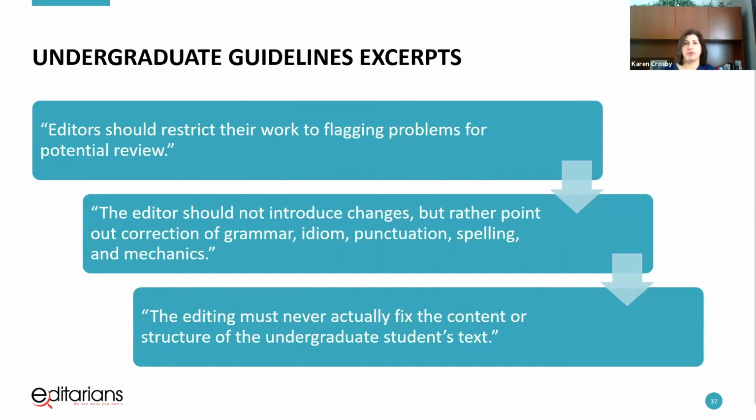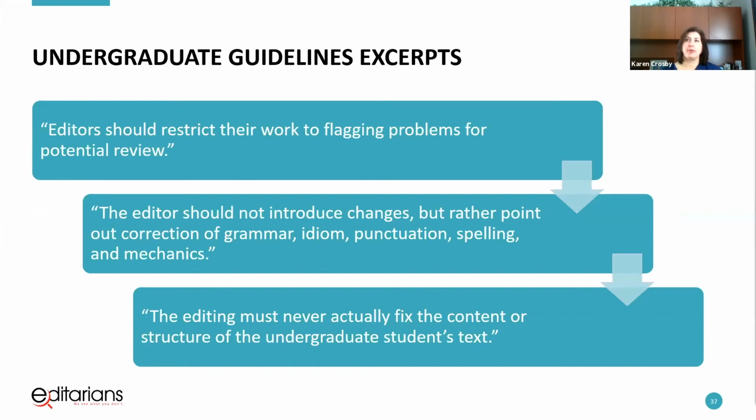The undergraduate guidelines state, basically, that editors should restrict their work to flagging problems for potential review. They should not introduce changes or fix the content. Limits are specified that editors should query the student rather than drafting an alternative.